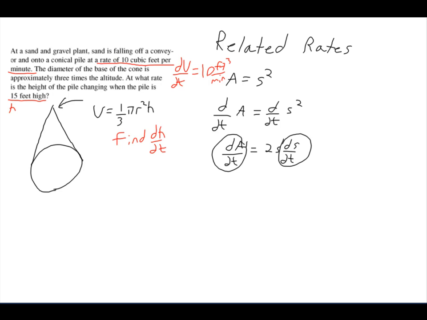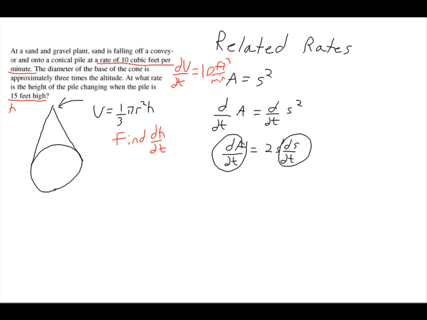So if we look at this equation, we have V, we have h. We have one problem in this. That r squared we can't deal with. We could take the derivative implicitly, but then we're going to have an r and we're going to have a dr/dt, and we don't have a dr/dt value given to us in this problem.